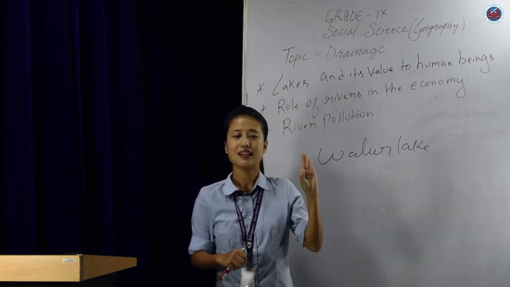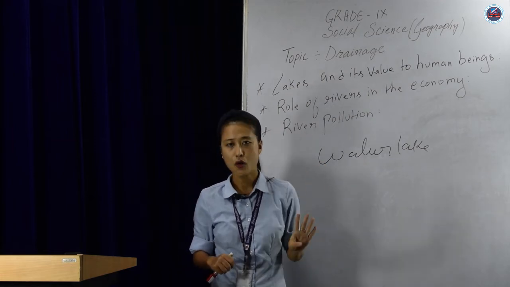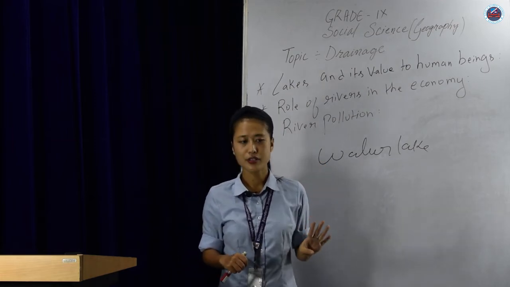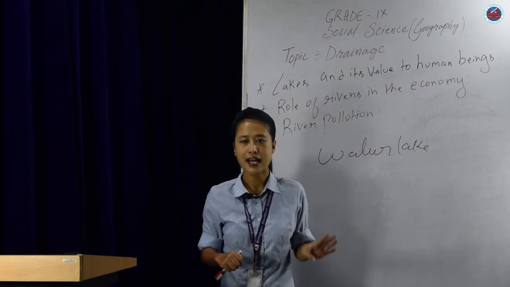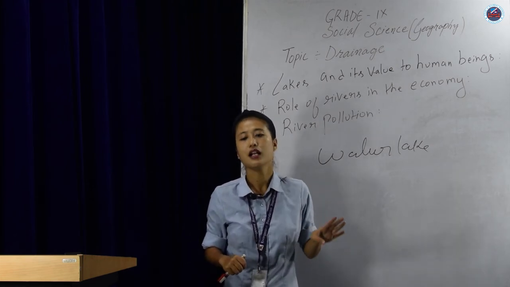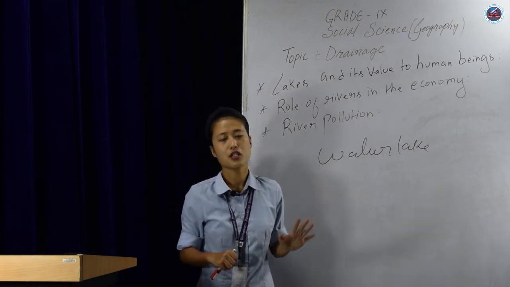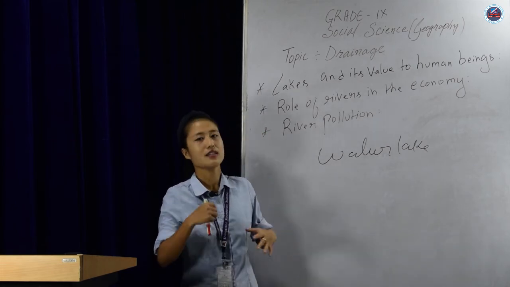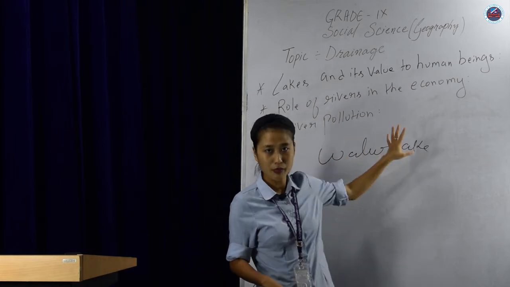Third point, lakes can also be used for developing hydropower. Fourth, they moderate the climate of the surroundings, maintain the aquatic ecosystem, enhance natural beauty, help develop tourism, and provide recreation. So these are some of the points that show why lakes are of great value to human beings.